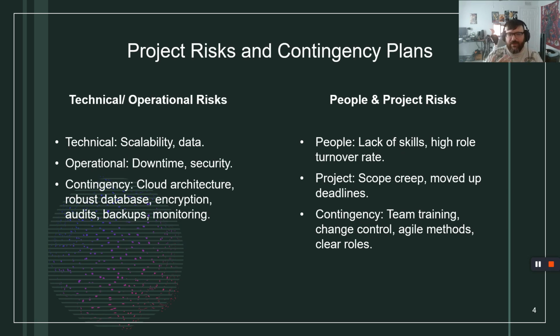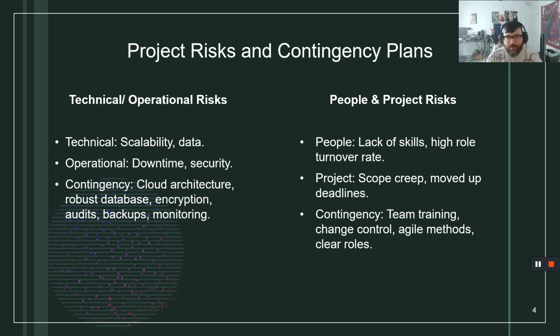Now, some of the operational risks associated with this project, I chose to break them down. It's technically two sections, but it's also four. Basically, I broke it down into tech operational and people project risks. So the technical risks would be the scalability of the solution that we are providing, the risks to any data, as well as in terms of data integrity.